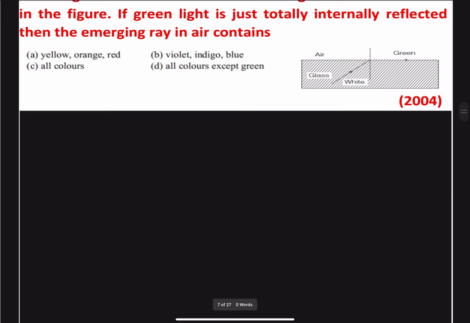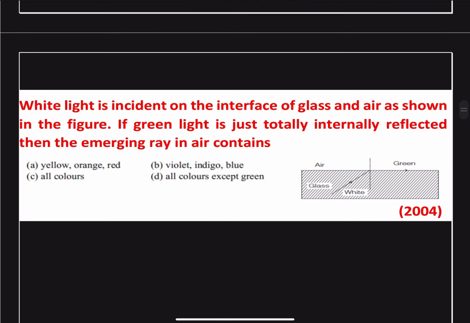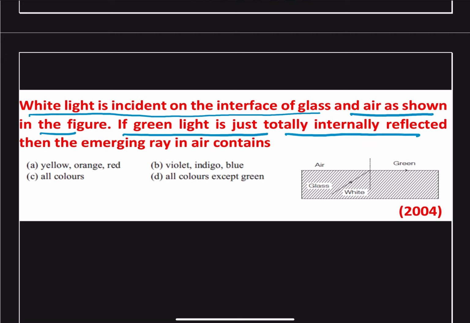We go to the next question, and it states that white light is incident on the interface of glass and air as shown in the figure. If green light is just totally internally reflected, then the emerging ray in the air contains.